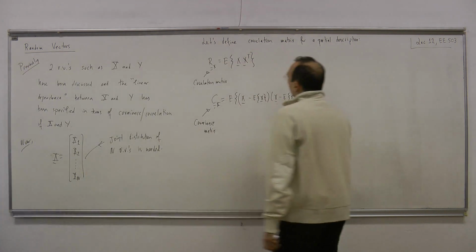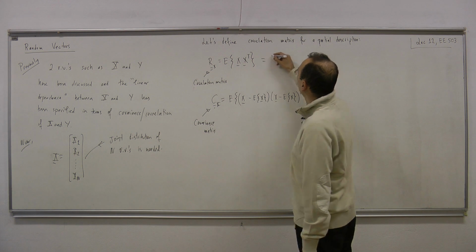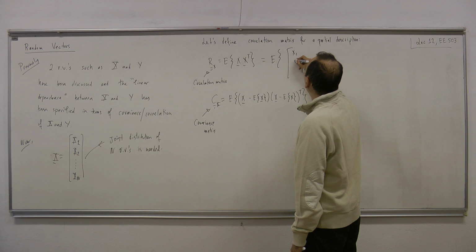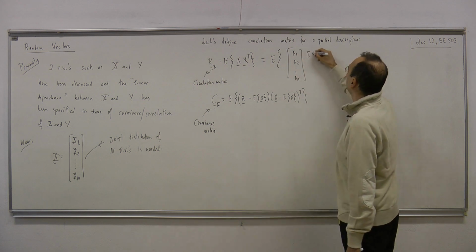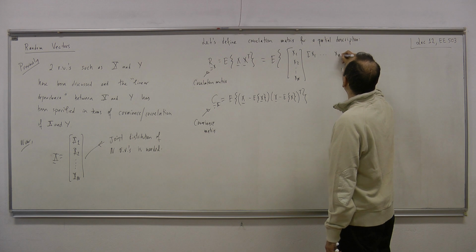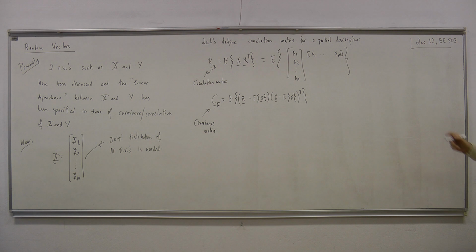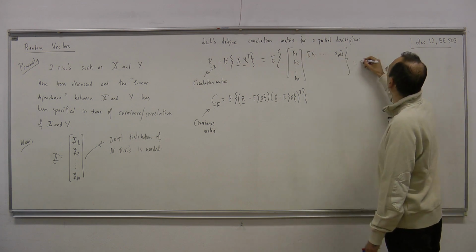Okay. So how can I do this calculation? So let me do this. This is the expected value of x1, x2, xn times x1, xn, as you see. So if I do this calculation, what do I get?